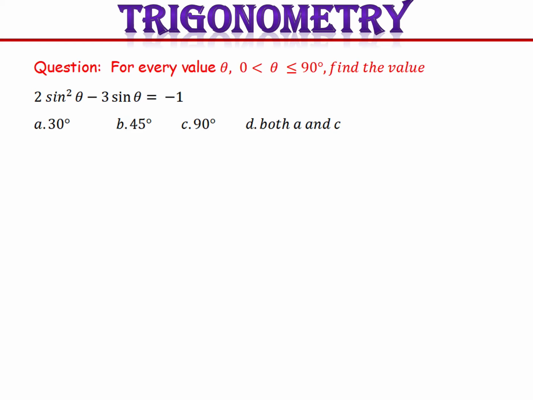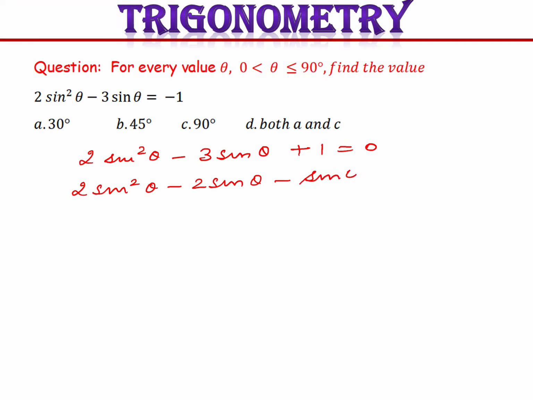Again a similar type of question. Here I can simply do middle term splitting because the whole expression is in terms of sine theta, so I don't need to make any conversion. I need to split 3 sine theta: 2 sine square theta minus 2 sine theta minus sine theta plus 1 equal to 0. So take 2 sine theta common.